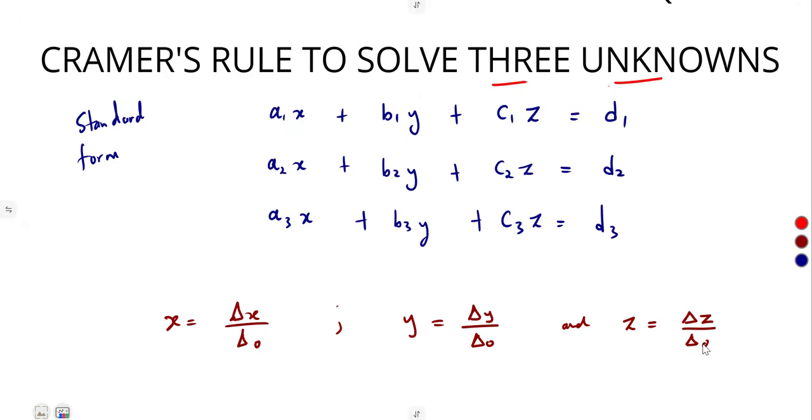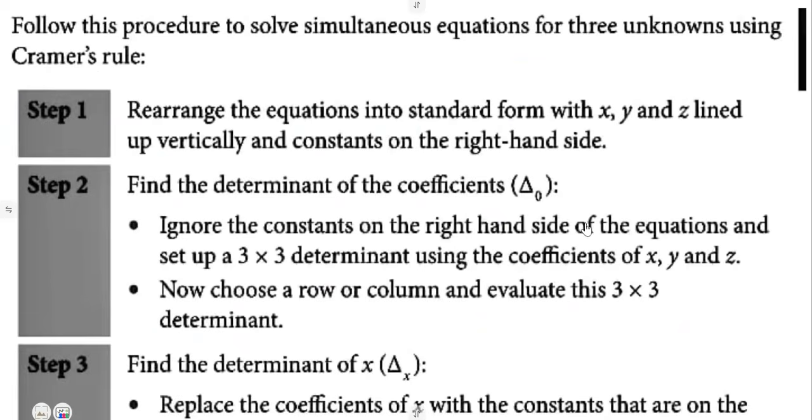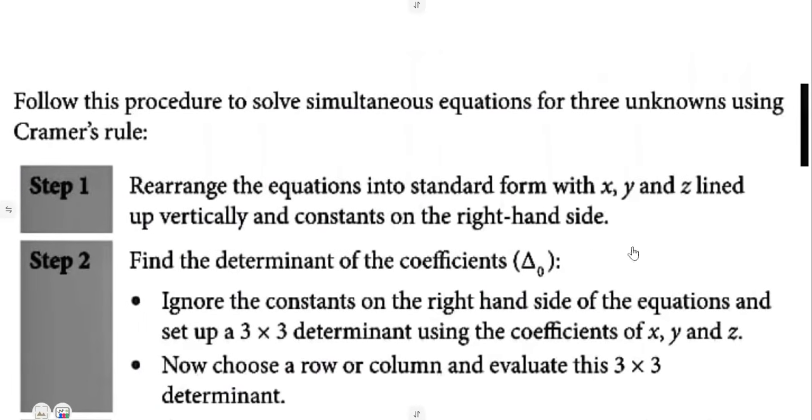So simply as before, I must determine the determinant for x, for y, for z, and that for the coefficients. So this is exactly the format and the procedure to solve simultaneous equations for three unknowns.